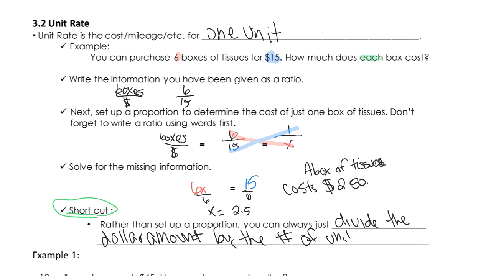Okay. So what that means is we would just do, in this example, 15 divided by 6, and that's going to give you 2.5. So we can put it into context. Okay. So we're going to do it both ways here.